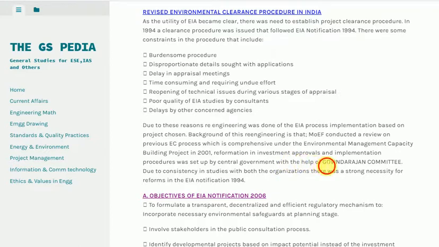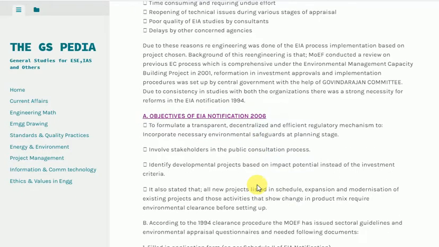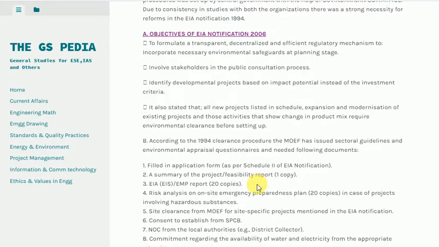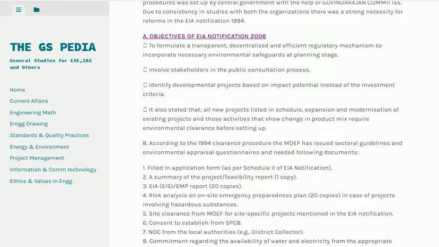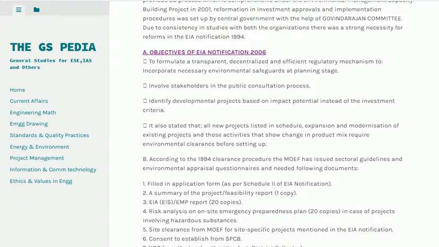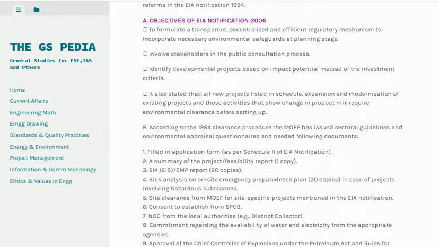Objectives of ESE notification 2006: to formulate a transparent, decentralized and efficient regulatory mechanism to incorporate necessary environmental safeguards at planning stage, involve stakeholders in the public consultation process, identify developmental projects based on impact potential instead of the investment criteria.